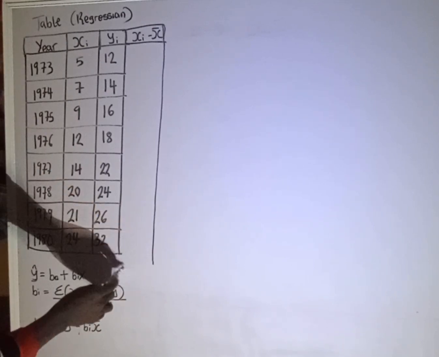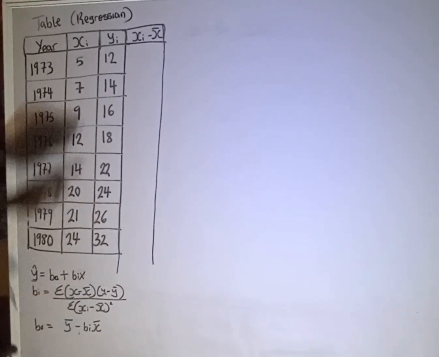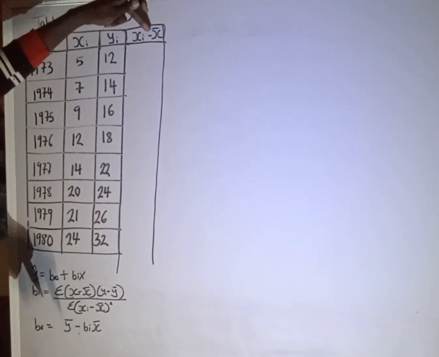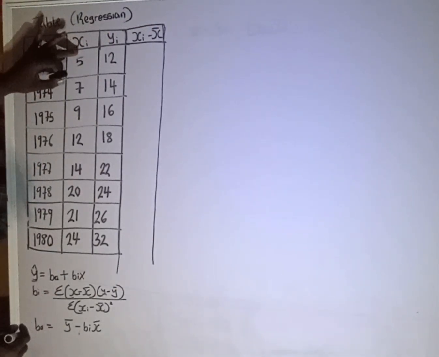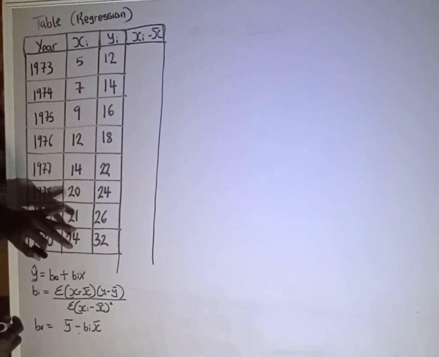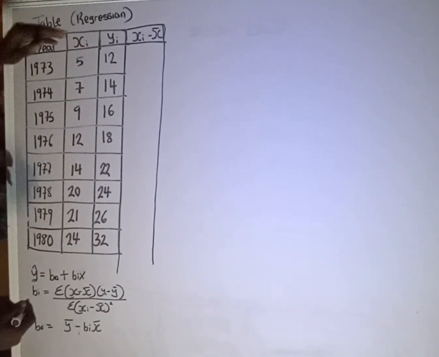If you look at this table, you will realize that I need to get the mean of x first, and the mean of x is gotten by the summation. I will add all the values of x, which are the values of the fertilizer that was used, and divide it by the count of all. That is how I will get my mean of x.